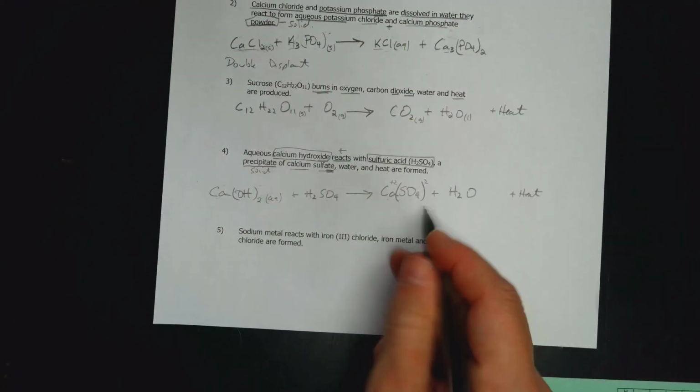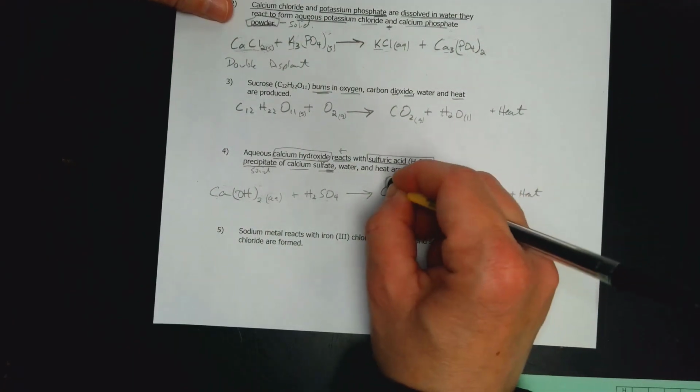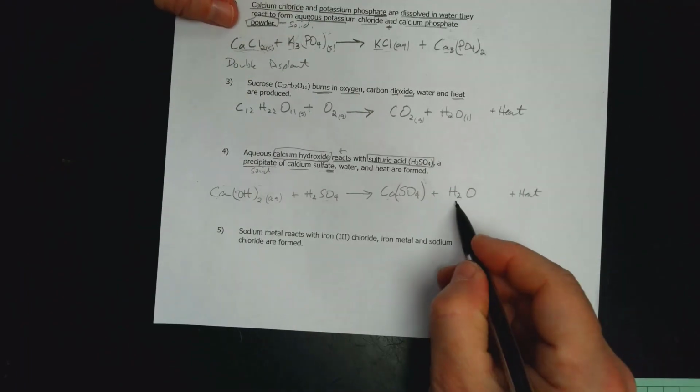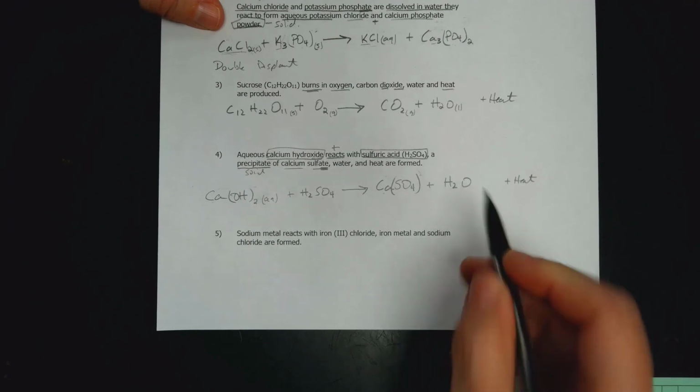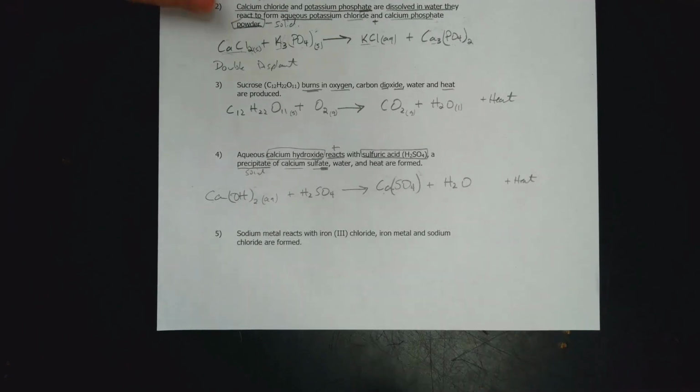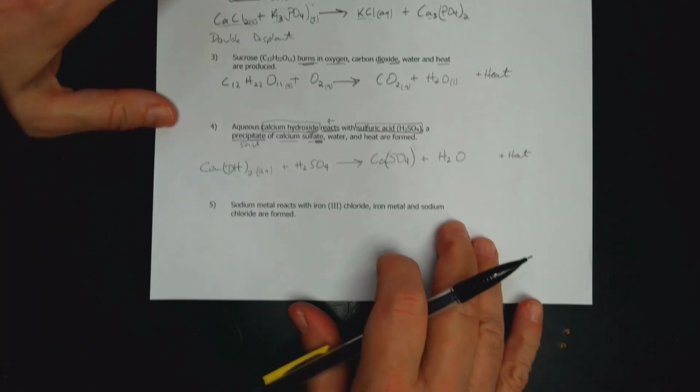This one is a +2, and I have to figure out what my charge of sulfate is. It's a -2. So there's nothing I need to do because these are already together and neutral. And water is, again, not ionic because hydrogen and oxygen are both nonmetals, so I can leave that one alone. So now that I have that one set up, I have that equation set up properly as well.